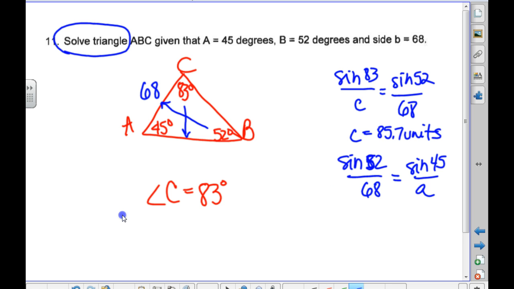And then 68 times the sine of 45 divided by the sine of 52. I got 61 units roughly for side A. It may specify tomorrow what to round to. If it doesn't, just round to the nearest tenth is fine.